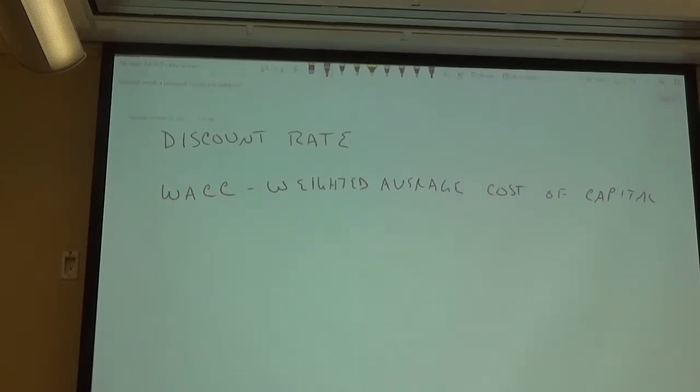So what you're going to find is this weighted average cost of capital, as we said, is going to have two sides to it: the debt side and the equity side.